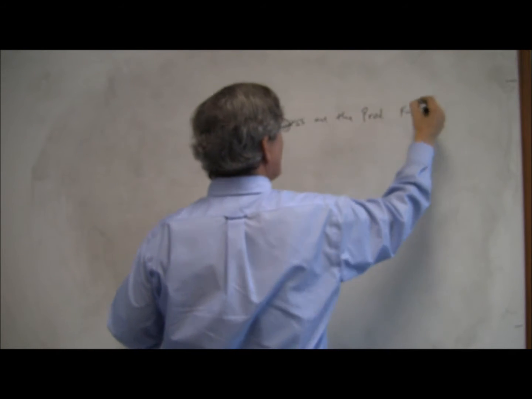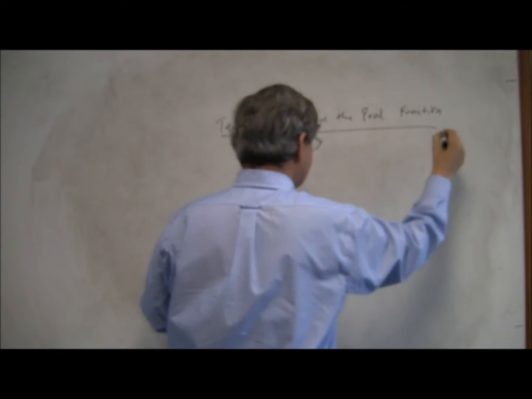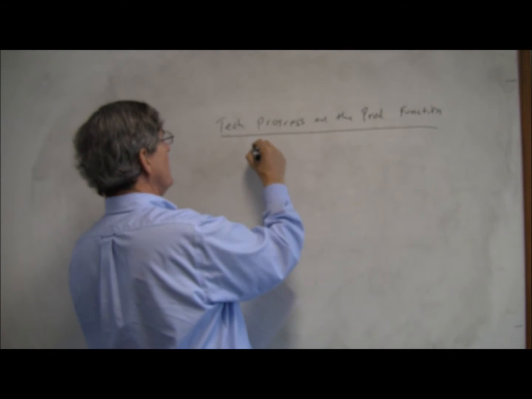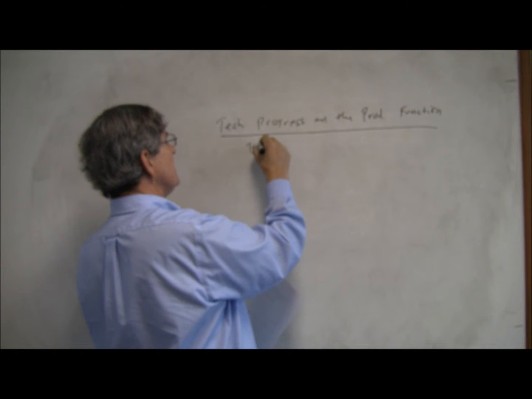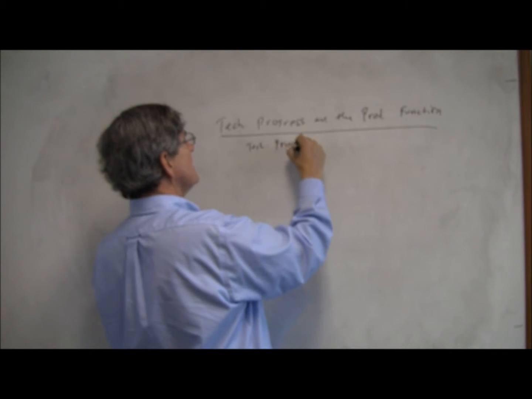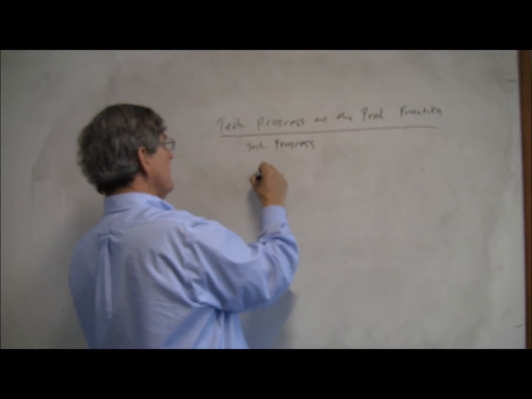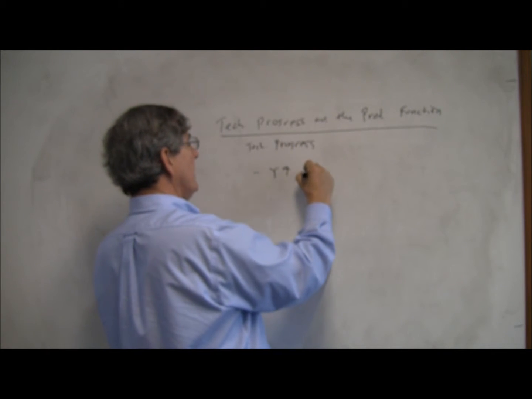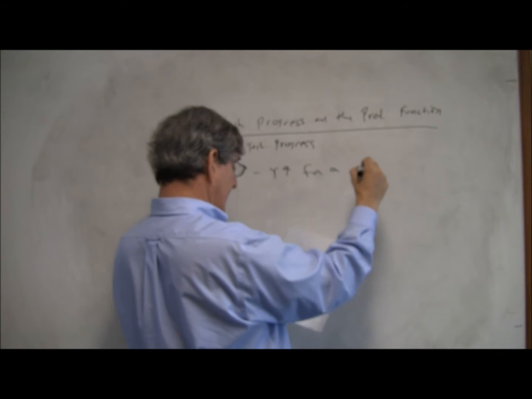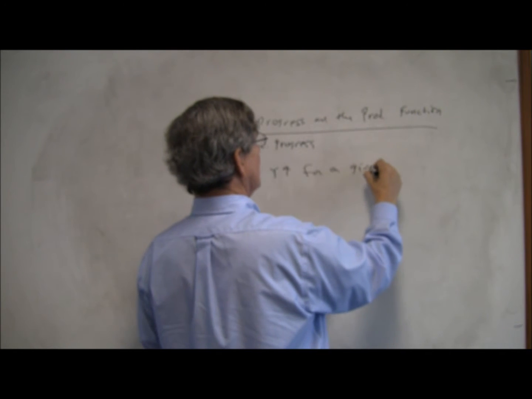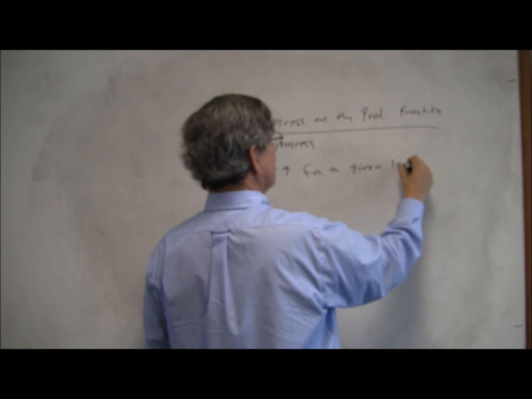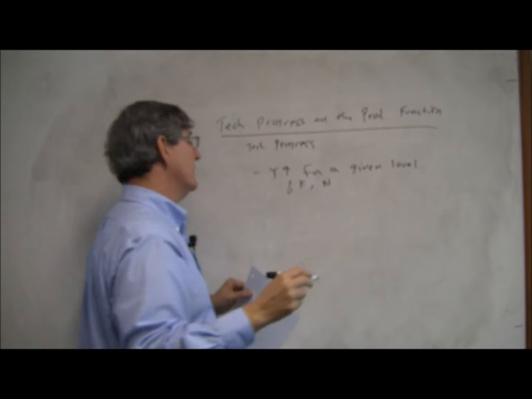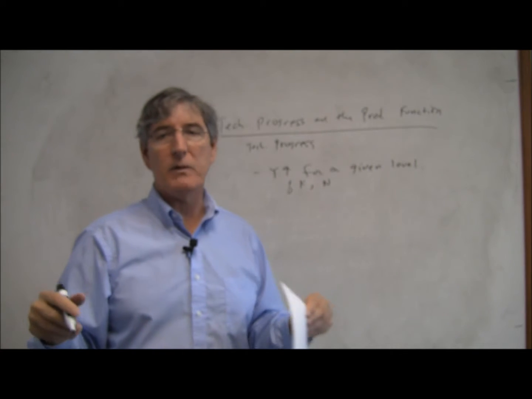So, technological progress and the production function. What the book does is note that we can characterize technological progress in several ways. It can be, first, an increase in output for a given level of capital and labor and other raw materials in a more general production function.